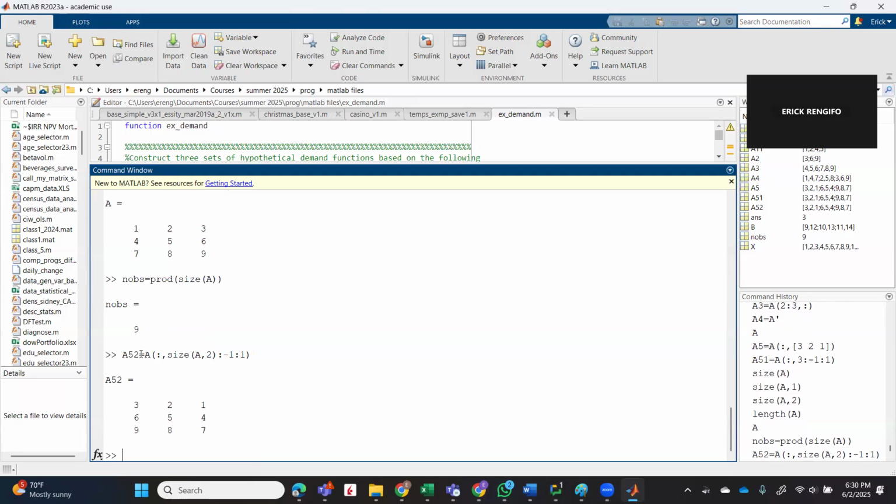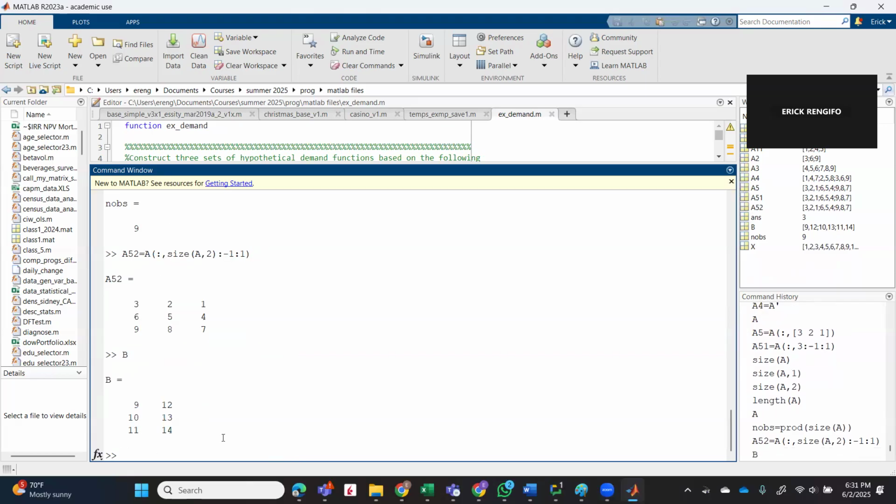And what is beautiful about this, guys, is let's do A52 for B. Remember, we have a matrix B. Let me copy this one here, and let me delete this one for 1 second. Just remember what B is. B is this one here. Imagine, guys, that you want these two here.